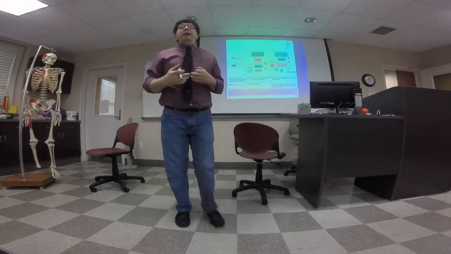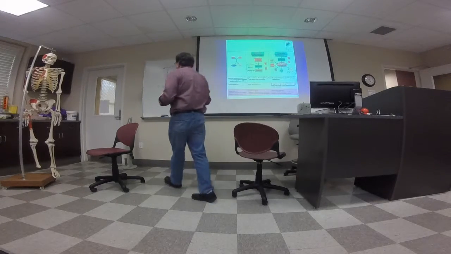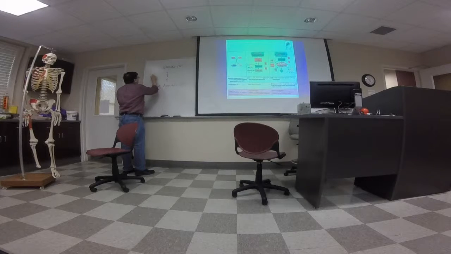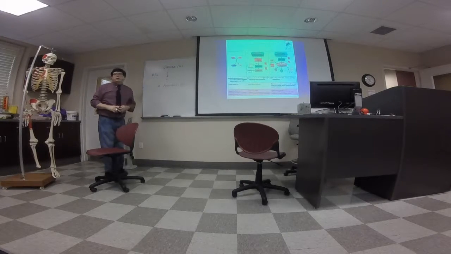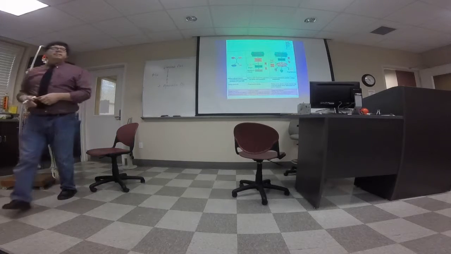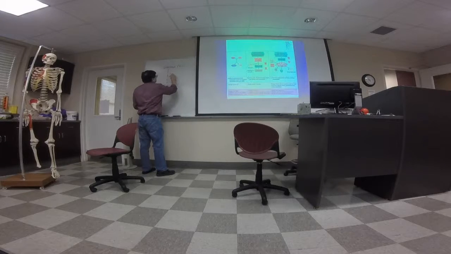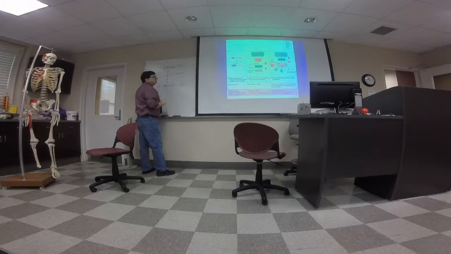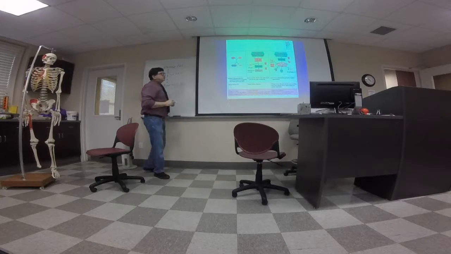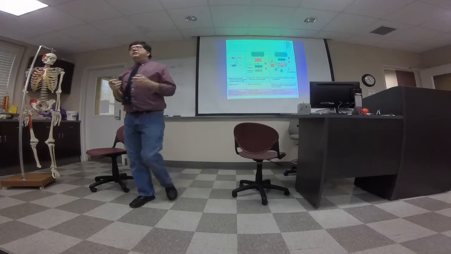This glycolytic pathway, remember, occurs within the sarcoplasm, and it does not require oxygen. No oxygen is required. It generates only about 2 molecules of ATP per glucose molecule. So it's not terribly efficient or effective.